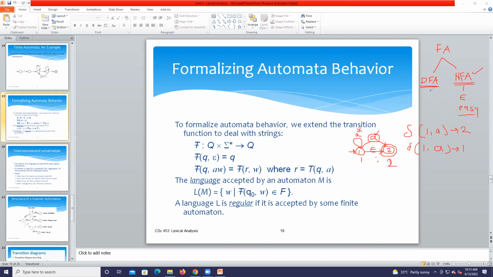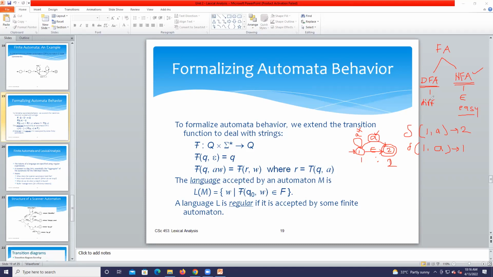So drawing NFA is easy, but drawing DFA is difficult, because you have to take care of the proper input variable, small a, small b, and whatever. Drawing a DFA is very difficult because the path is fixed.